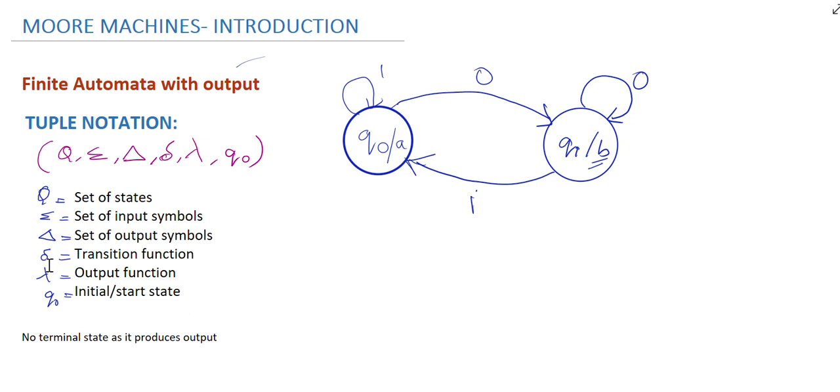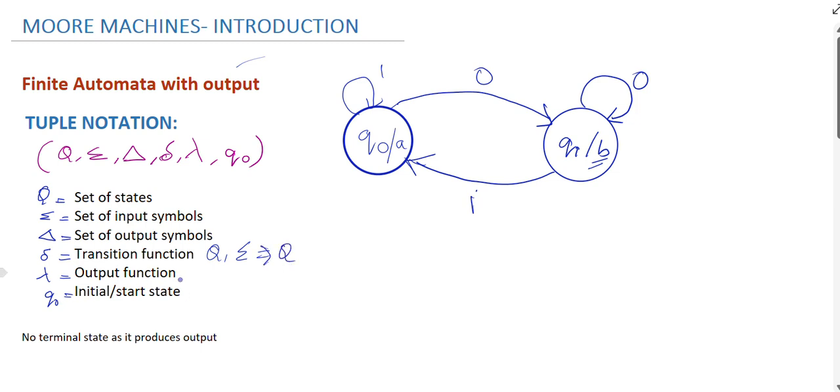And delta is the transition function, just like what we have seen for the other models. It is the current state and the transition symbol: when the current state gets an input, what will be the next state.